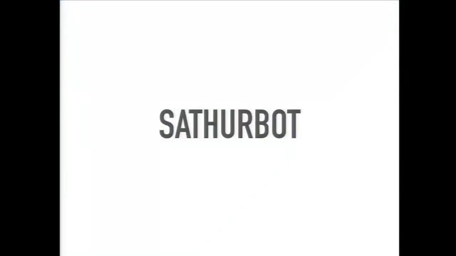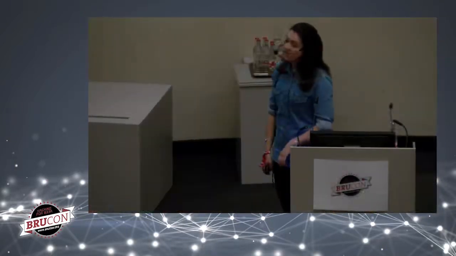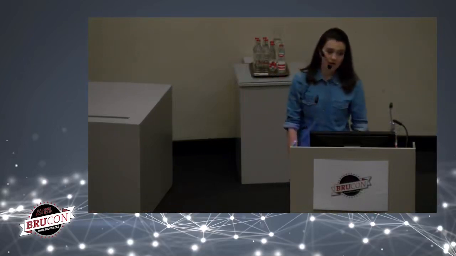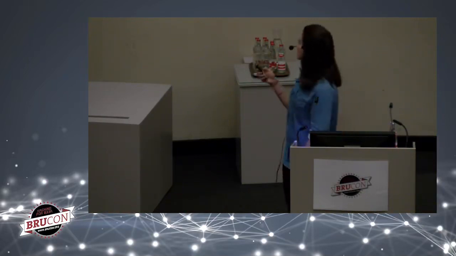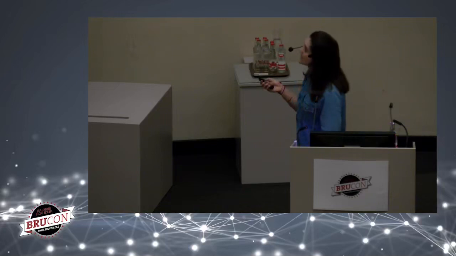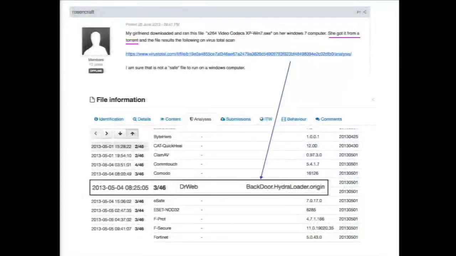To look at the similarity between brute forcing malware, we chose the Trojan called Sutterbot. It got coverage in media in 2017, but we found out that Sutterbot was actually quite an old malware. We discovered that it was first created in 2013. By searching in Google, we found a post on a forum where a user says, hey, my girlfriend got infected and she downloaded something from torrent.